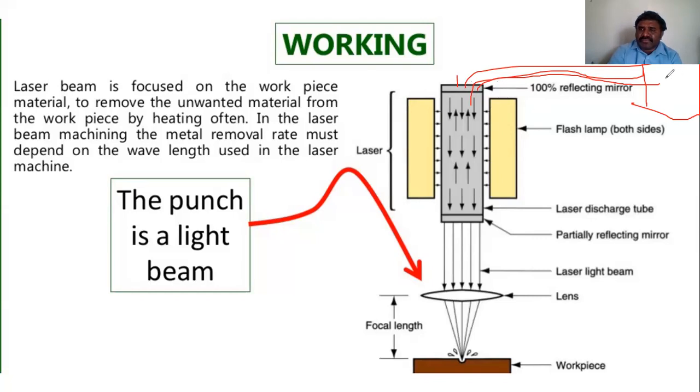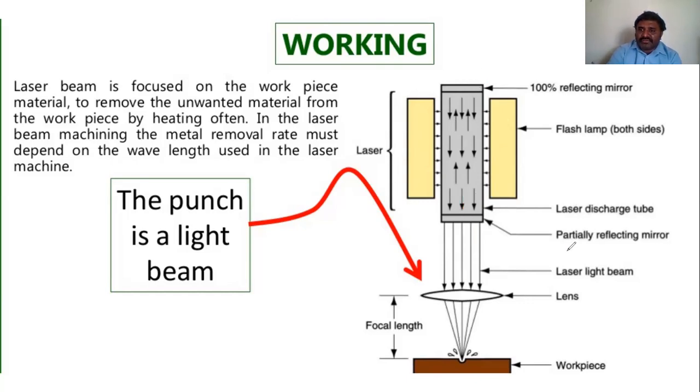The mirror gives 100% reflection. We use flash lamps at this end and this end, so that the reflection and emission take place. A huge amount of radiation is produced, reflecting back and forth here. After that, there is a laser discharge tube fixed here. The partially reflecting mirror is here, so the beam passes through this one.